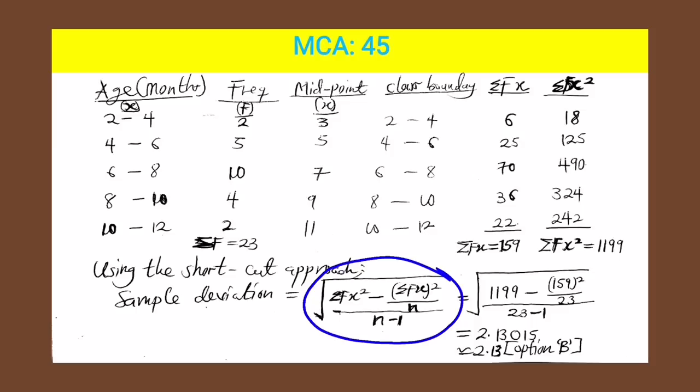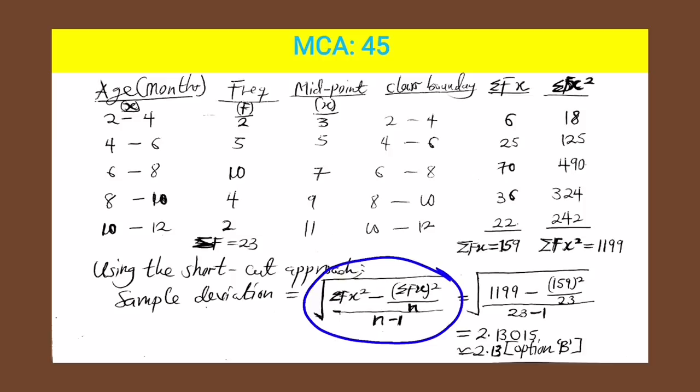The midpoint is the lower class limit plus the upper class limit, added together and divided by 2. Or better still, the lower class boundary limit and the upper class boundary limit; when you add the two and divide by 2, you get your midpoint, and that's what I did.